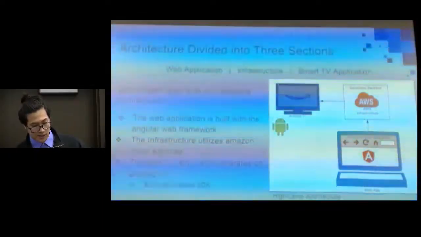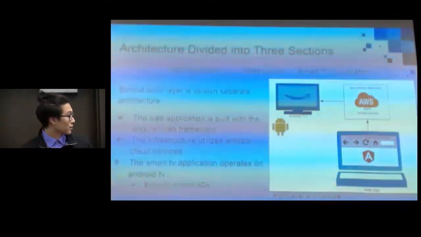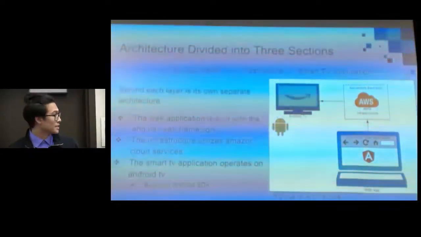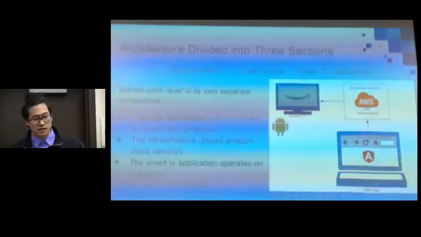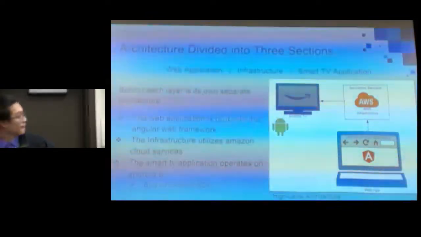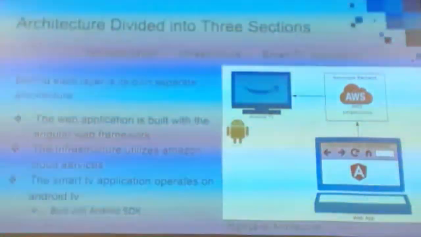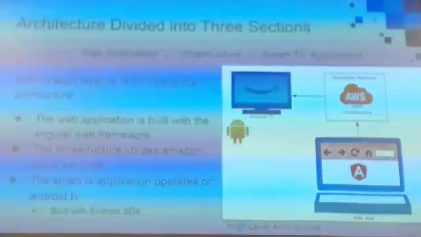Each of these sections has its own architecture. I'll start with the smart TV application. It's an Android application that's run on an Android TV, and it's built on Android SDK. The infrastructure utilizes Amazon Cloud Services, and the web application is built with the Angular 5 web framework.